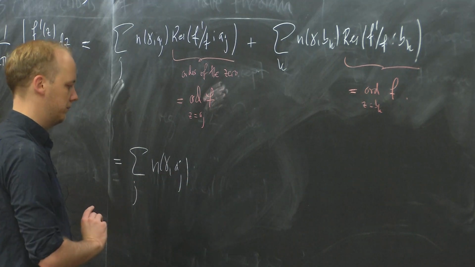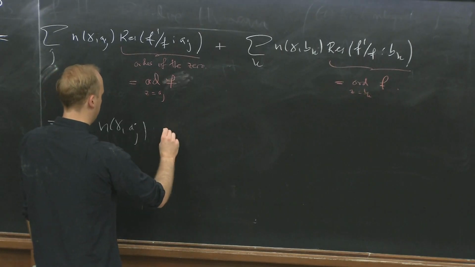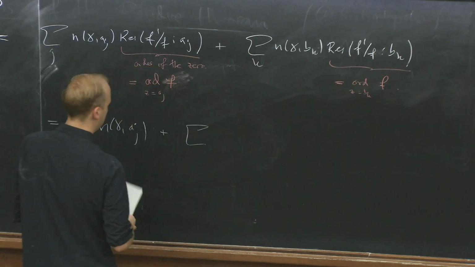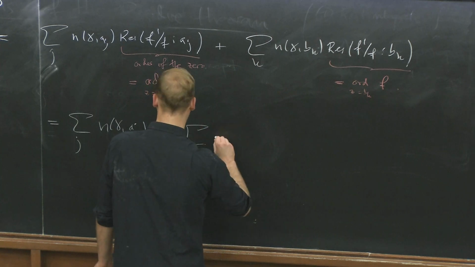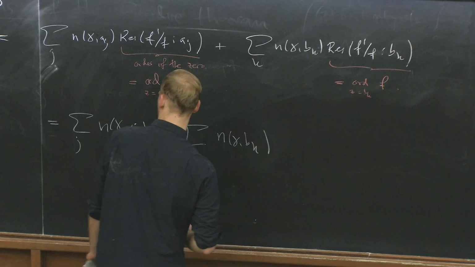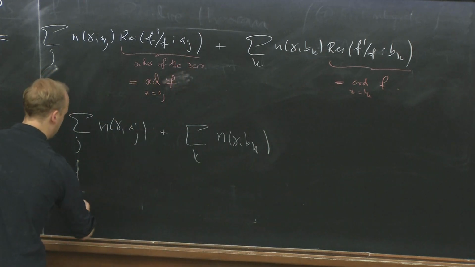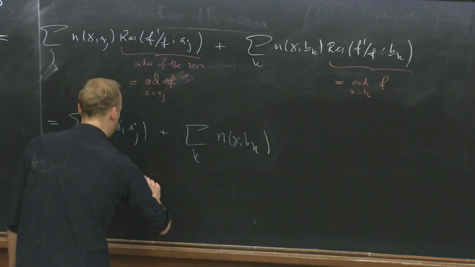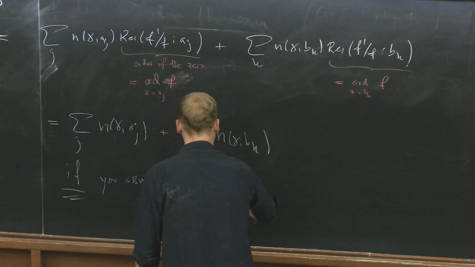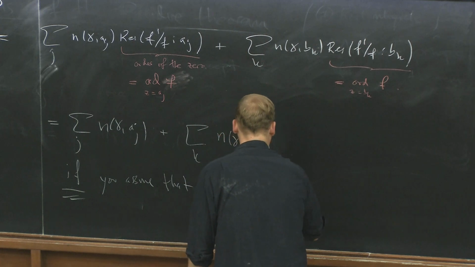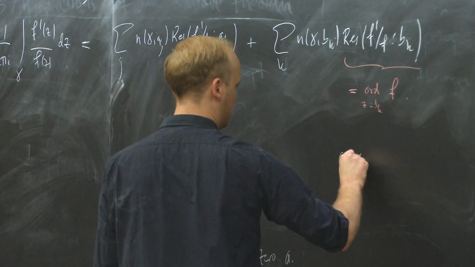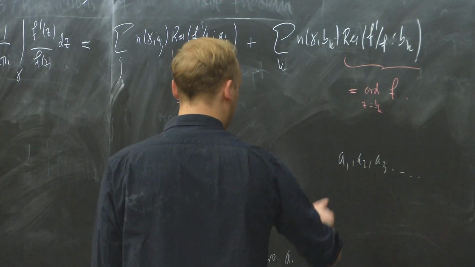So it's equal to this plus this, if you assume that each zero, when you write this aj, so you write a1, a2, a3, and so on, that you separate them.